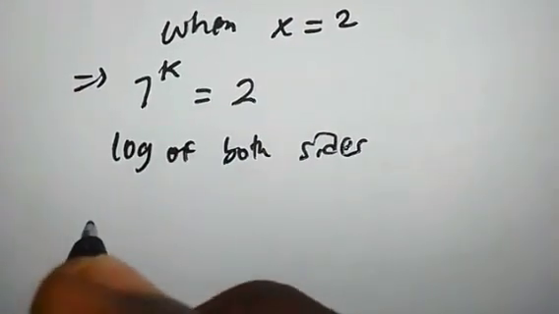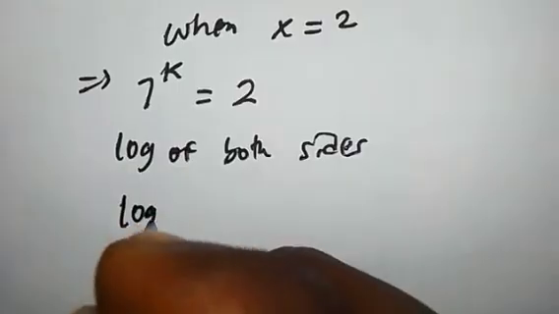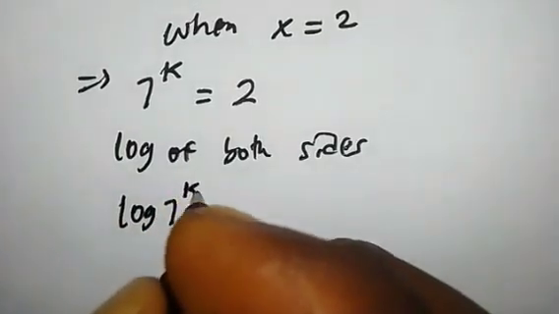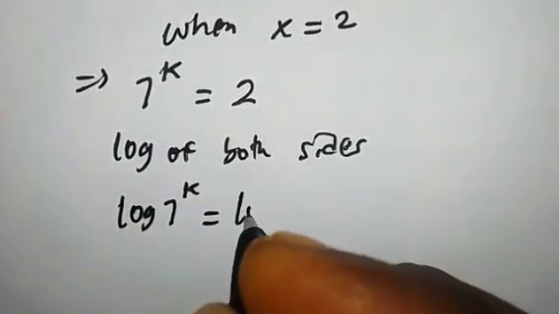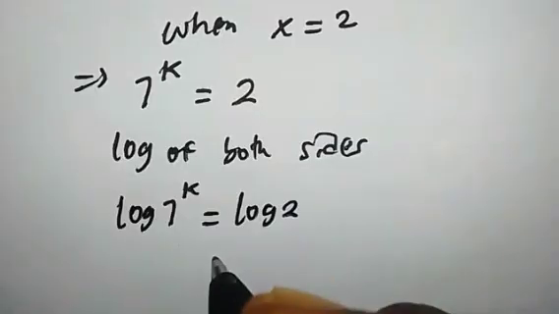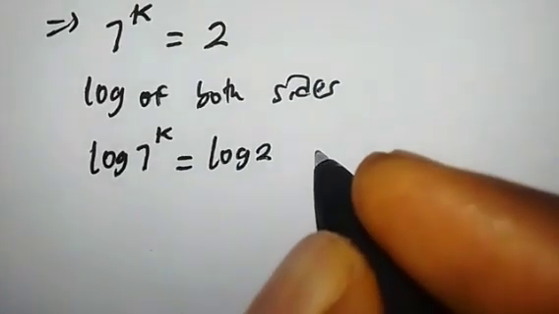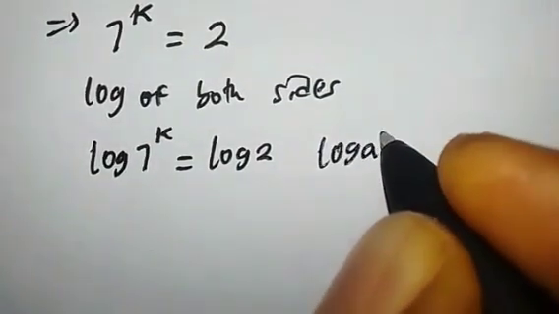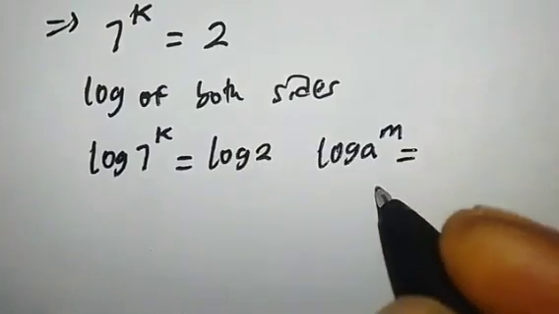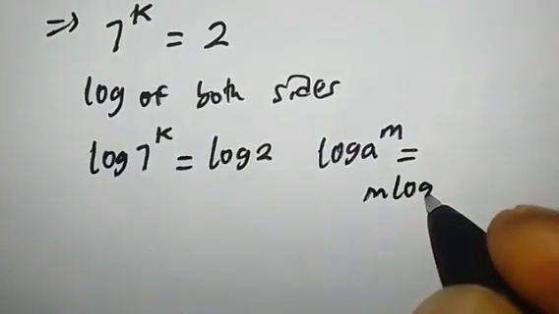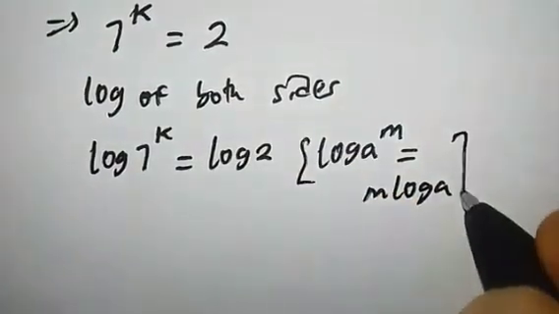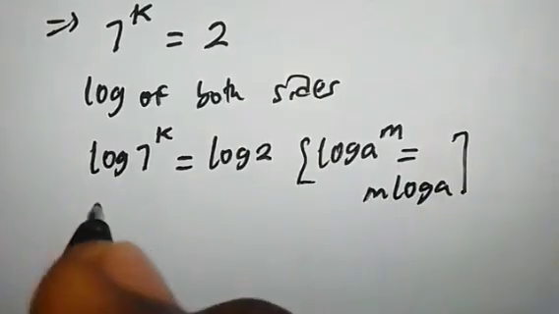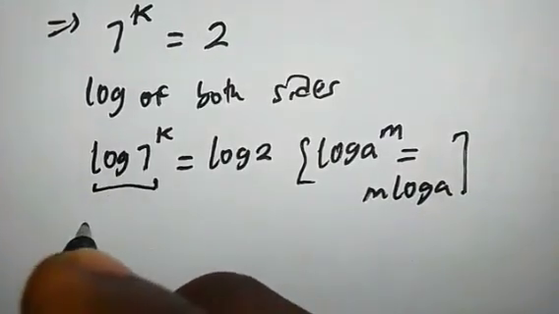If we take log of both sides, we simply have log 7 to the power of k equal to log 2. Recall that log a to the power of m is equal to m times log a. If we apply this identity to this, we have what?